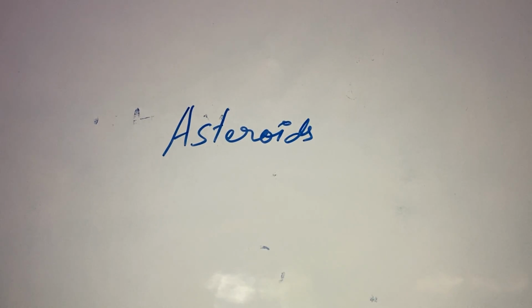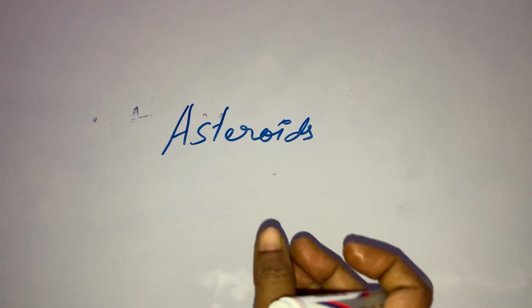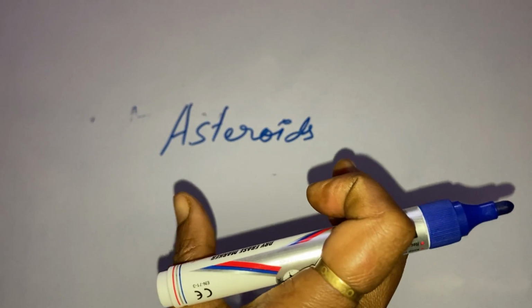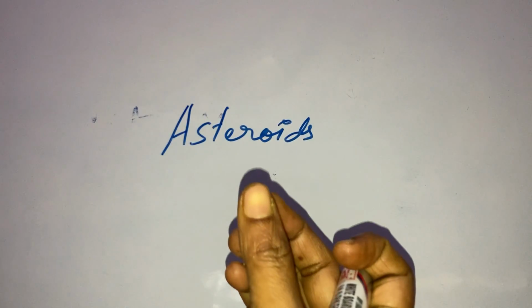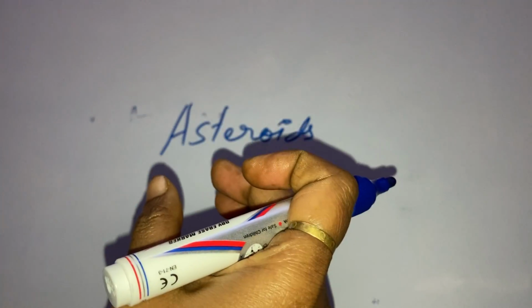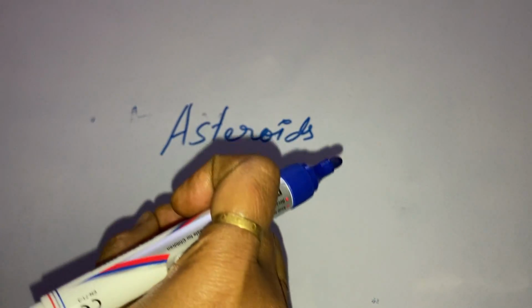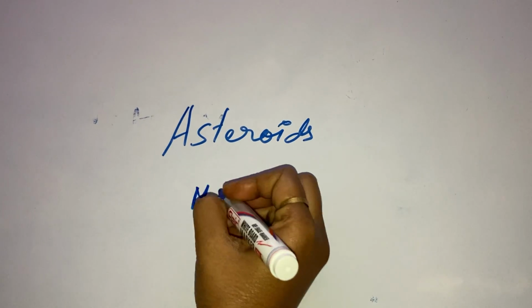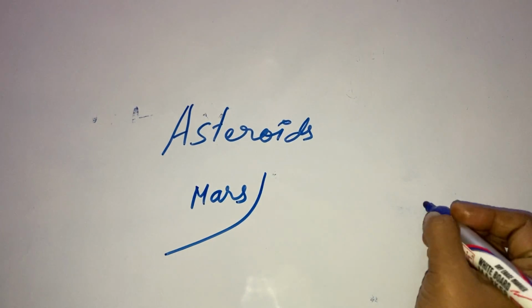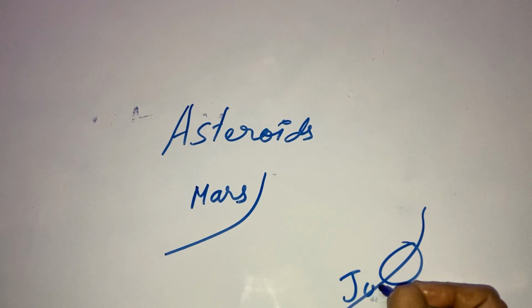Now look at asteroids. What are asteroids? Asteroids are a series of small planets, or fragments of planets, lying between Mars and Jupiter. So this is Mars and this is Jupiter.